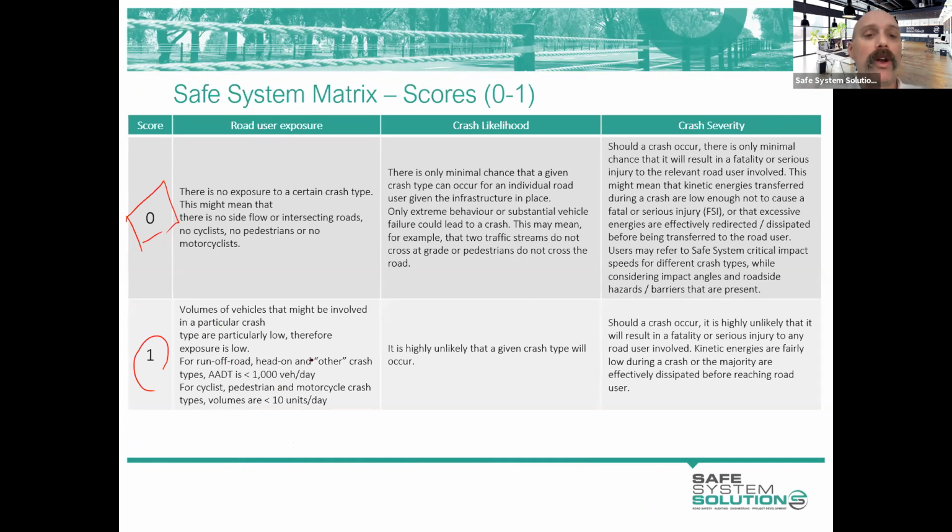For run-off road, head-on, and other crash types, the AADT is less than 1,000 vehicles a day. For pedestrians, cyclists, motorcyclists, traffic volumes are less than 10 units per day. And that's 10 crossing the road or walking along exposed to these different crash types. So that's quite low.